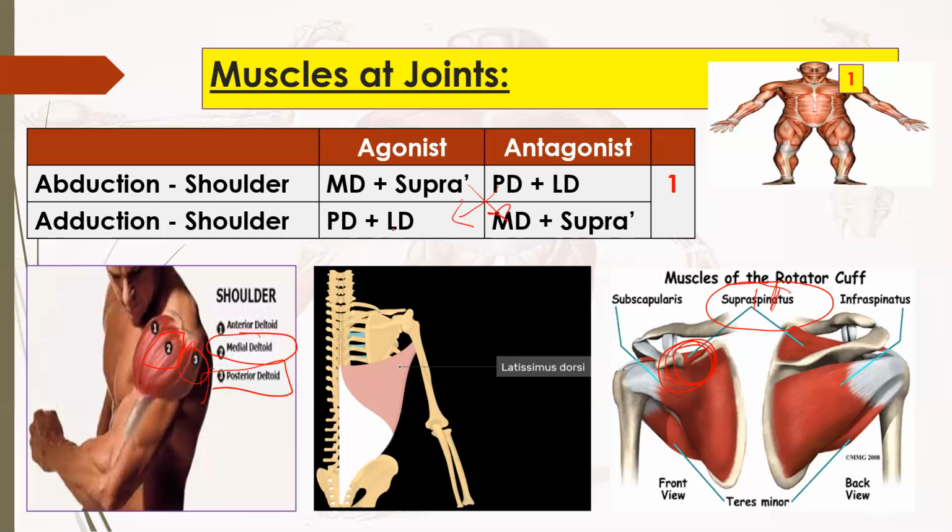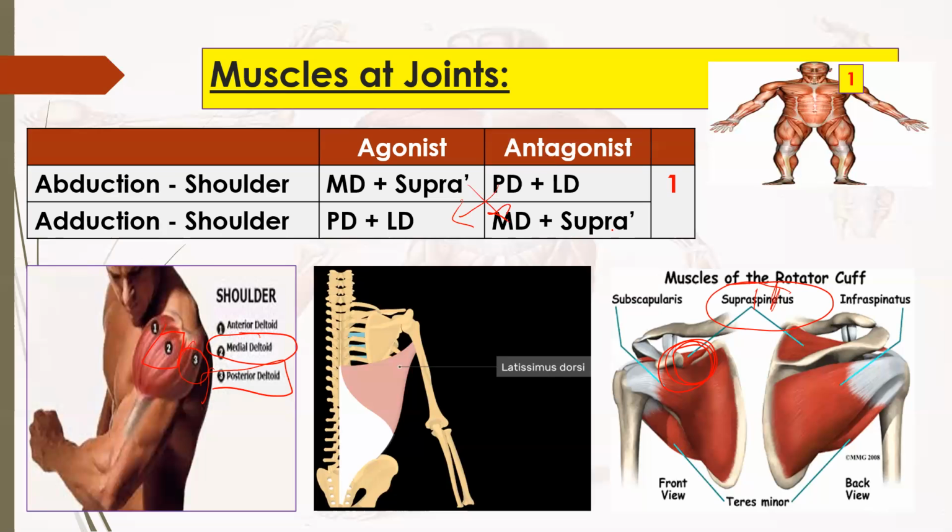So if you have your arms up, out to the side, and then you bring them down towards the side, a bit like a kind of bodybuilding action, showing off your big, strong chest muscles. It's your posterior deltoid and your latissimus dorsi that are working there. And then your medial or middle deltoid and your supraspinatus that are working in opposition as the antagonist.